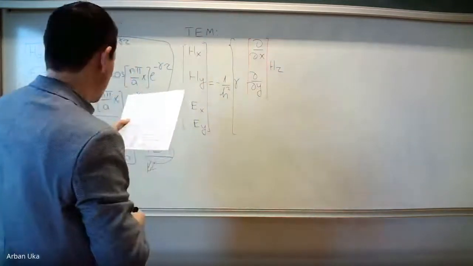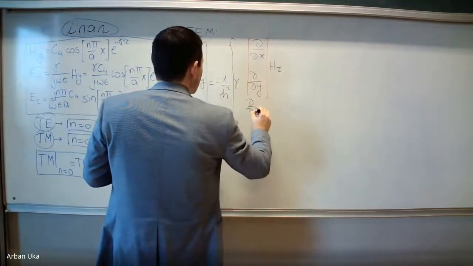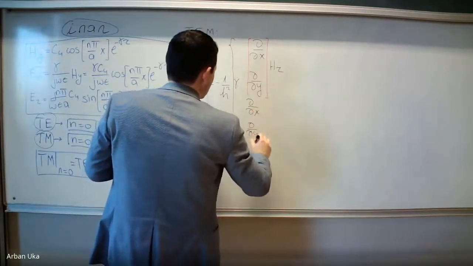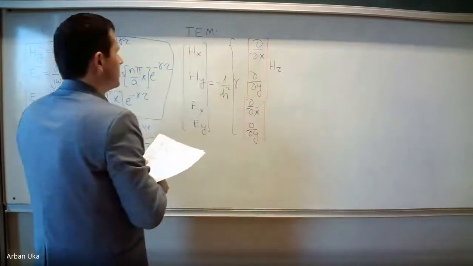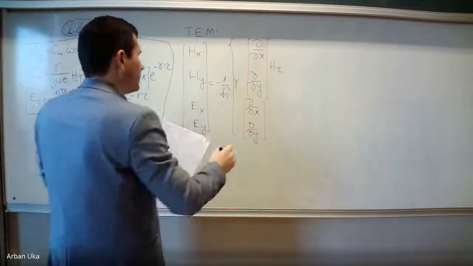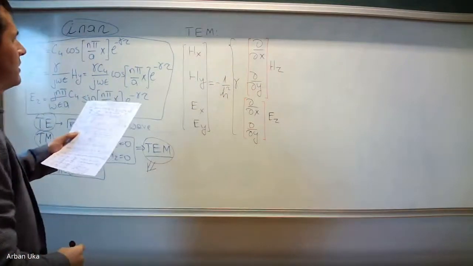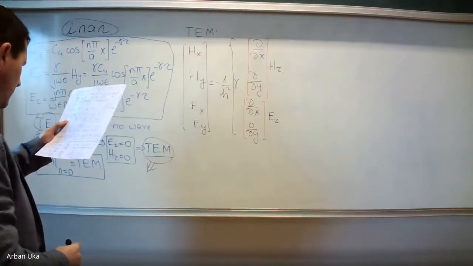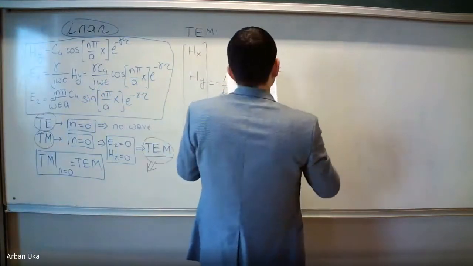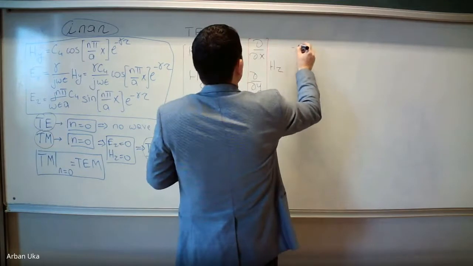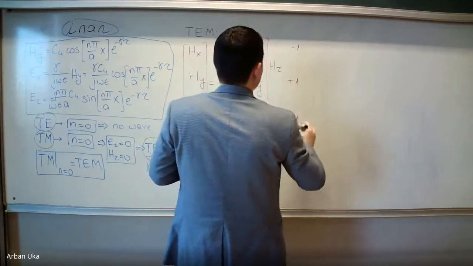Now, sometimes I try to make them look better, but they might get confusing, discarding my original intention. So this is how we can cluster them. This is the Ez. This is what we get. Then we have minus, plus, minus: minus 1, plus 1, minus 1, plus 1.